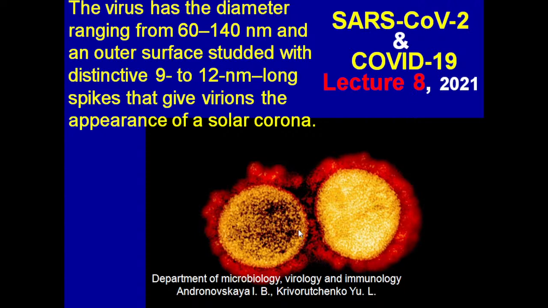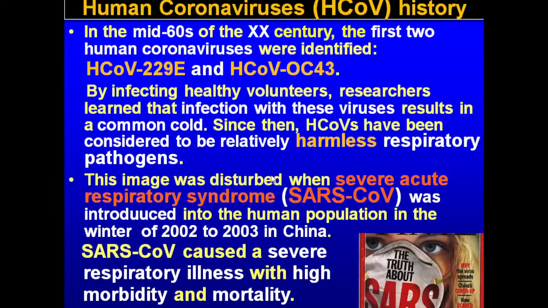And you know that the appearance of these spikes gives rise to the name of the coronavirus, because the spikes give the virus the appearance of a solar crown or solar corona, not a king's crown, but a solar crown. This is the sun and this is a corona around the sun. So that is the appearance of the virus.